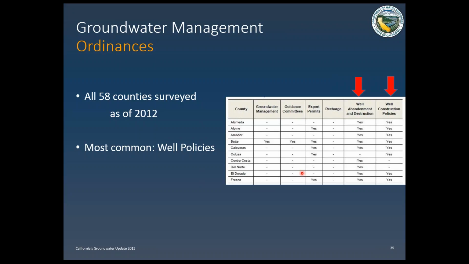The most common were the well policies. By far, 90% of all the ordinances that we found were related to well abandonment and well construction policies. And the least common were groundwater management and guidance committees.